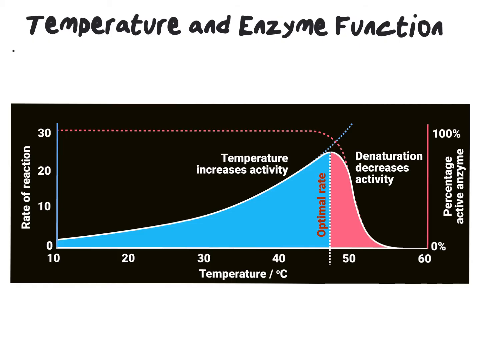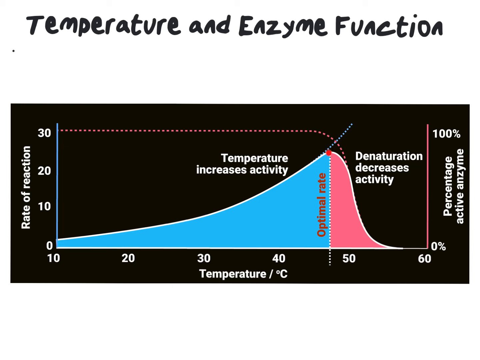In general, with enzymes, when we look at the relationship between the temperature of the system and enzyme function, what we see is a plot similar to what's on the screen here, where the rate of the chemical reaction increases as we increase the temperature of the system up to a point.